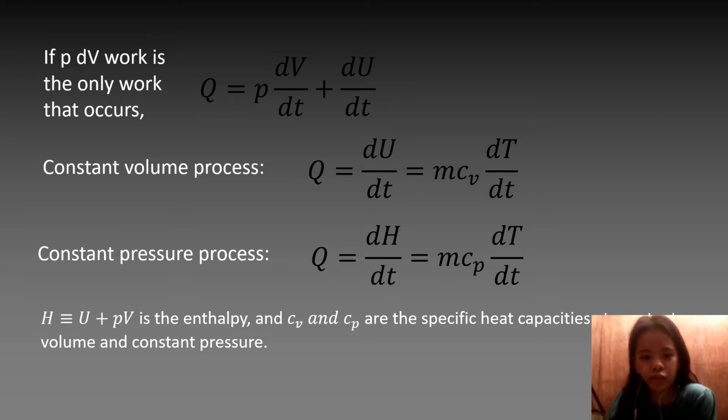Constant pressure process: Q = dH/dt = m cp dT/dt. H is equal to U plus PV, the enthalpy, and cv and cp are the specific heat capacities at constant volume and constant pressure.